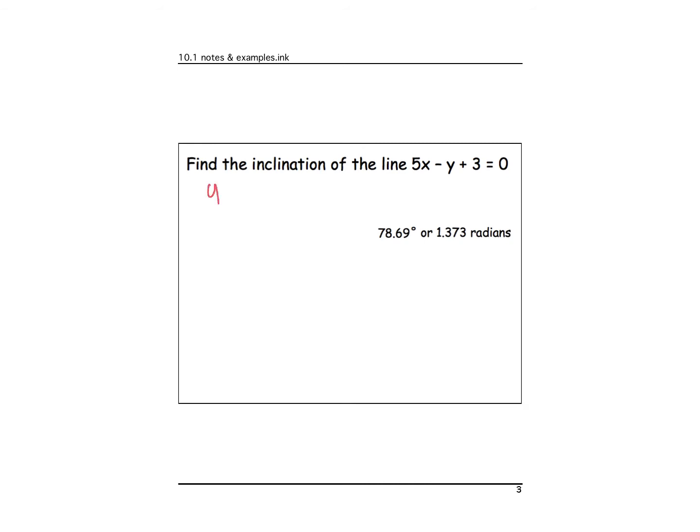And in this case, I'm just adding my y, and I have y is equal to 5x plus 3. m then is 5, which is positive. And then I can go right to my formula that m, 5, would be equal to tan theta. I then take tan inverse of 5, and that would equal my theta.